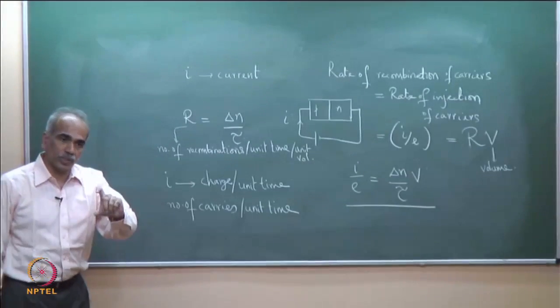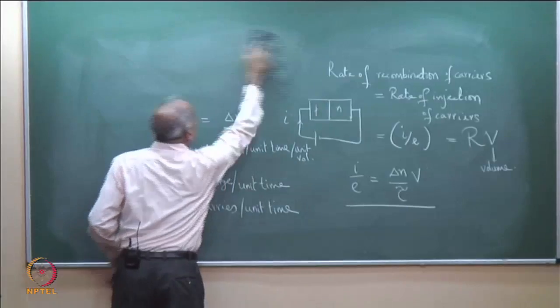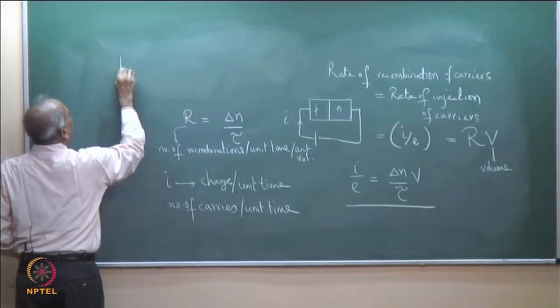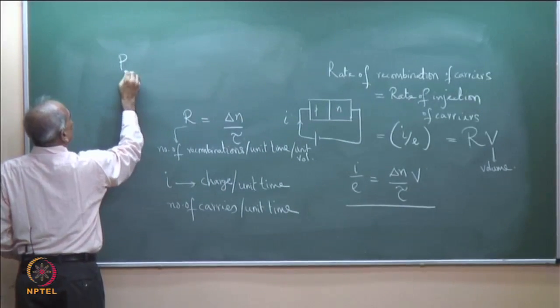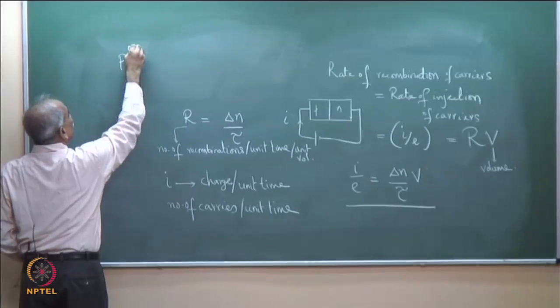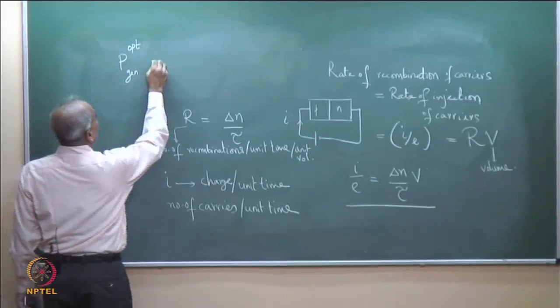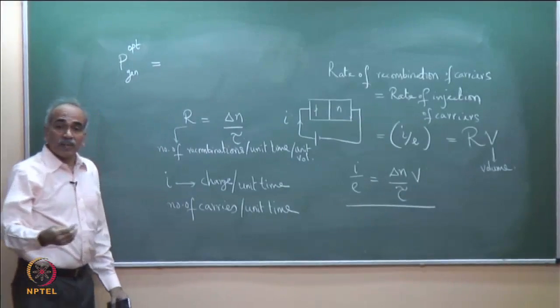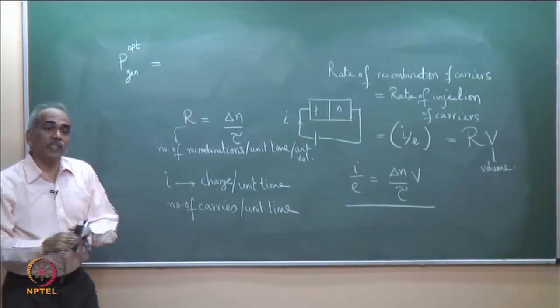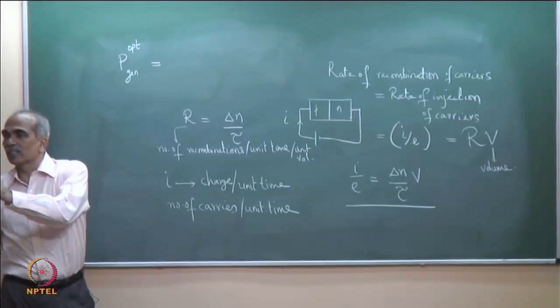Every recombination. So, what is power? Please see, our interest is power generated, optical power generated. Every radiative recombination will give us one photon generation.